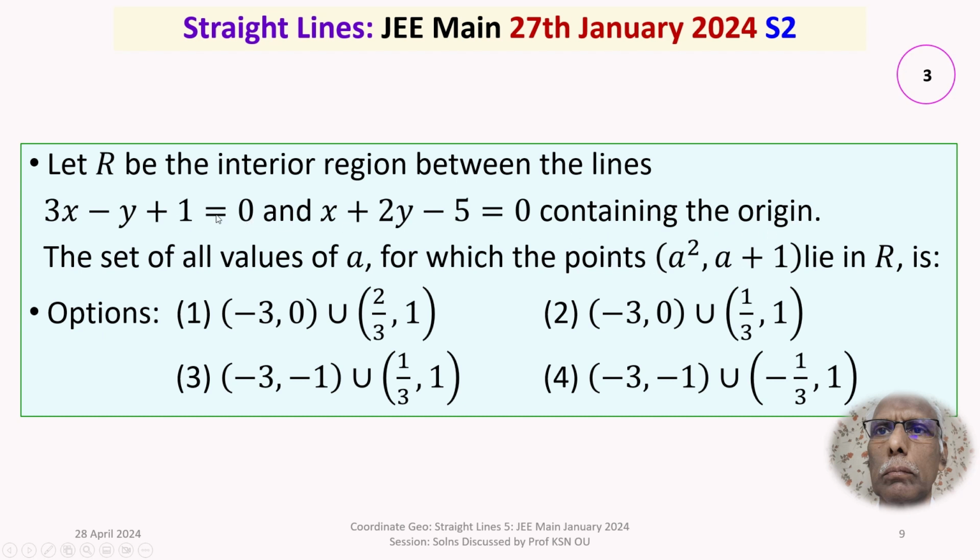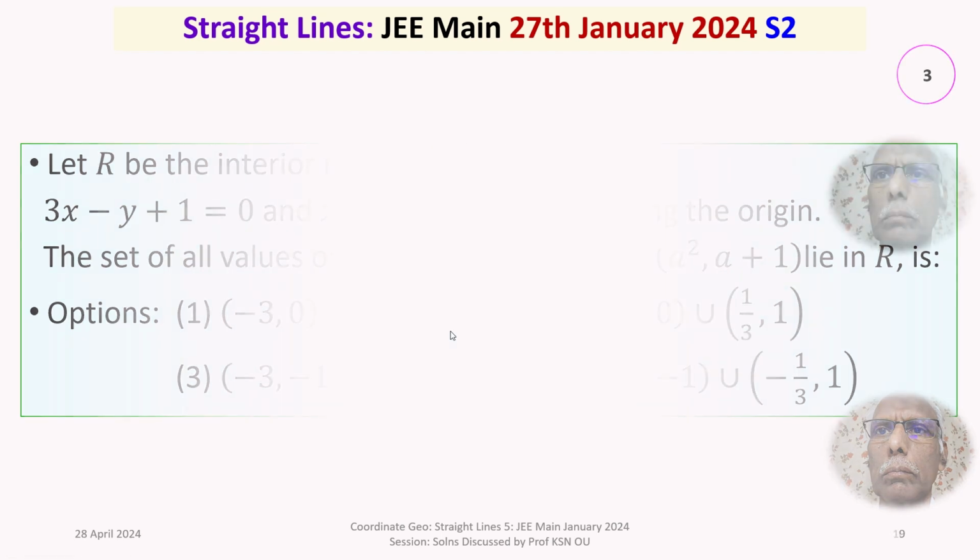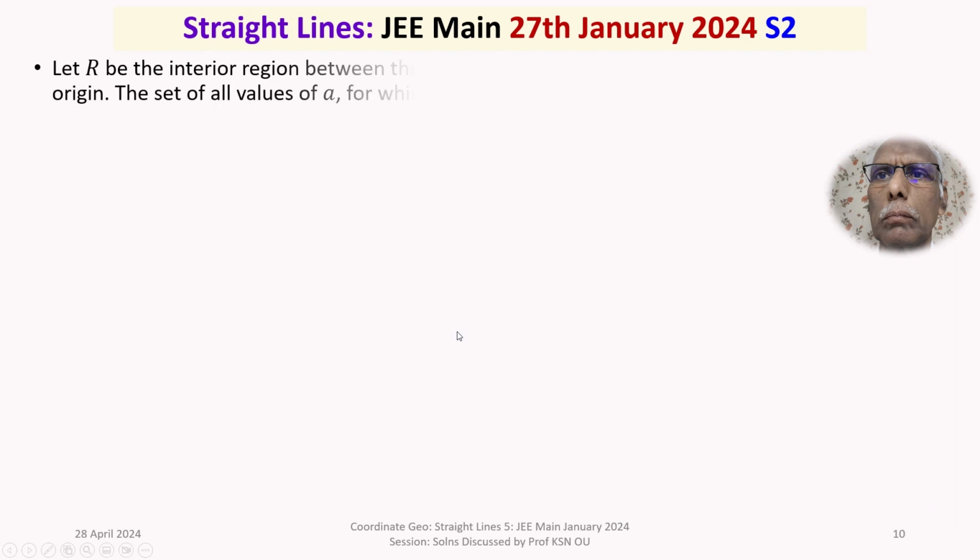Origin is between these 2 lines. Between these 2 lines, what is that region containing the origin? Call it as R. Agreed. Now you have to find the set of all values of A for which the points a square comma a plus 1 belong to R. Agreed. Let's now discuss the solution of the problem in detail.